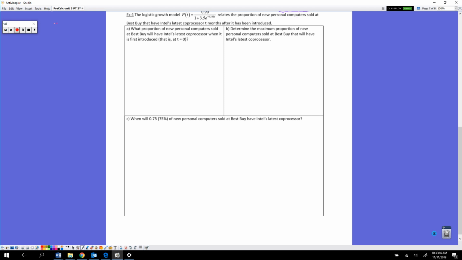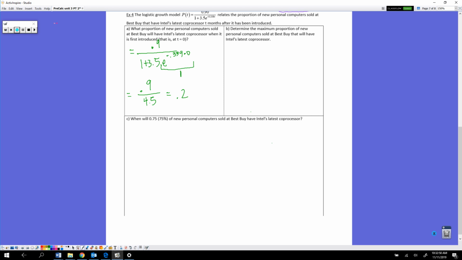All right, so when t equals 0, we're just taking our original equation and plugging in a 0 for t. 0.9 divided by 1 plus 3.5 e to the negative 0.339 times 0. We know all this is 1. So we're just going to have 0.9 divided by 1 plus 3.5, which is 4.5. That should give us 0.2.